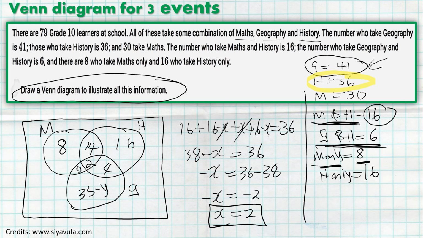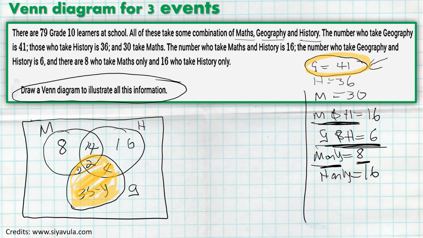So on the geography one, can you see? Similarly, you do the same thing. You go to geography and solve for y, equating it with the total for geography there. Okay, so we're going to say y plus 2 plus 4 plus 35 minus y is equal to 41, right?